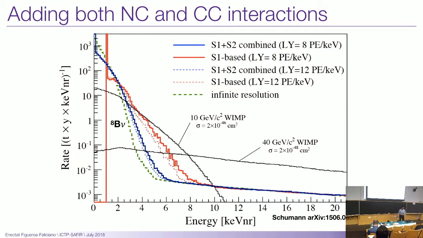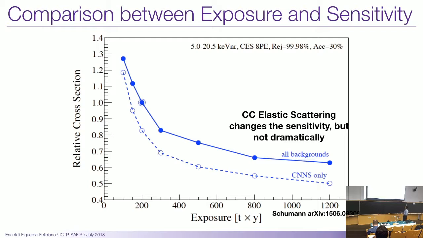noble liquid experiments. And so the bottom line is that when you do all this and you compare the sensitivity, this is a comparison with exposure, and you say, well, what's my sensitivity if I only think about the coherent scattering, or I add all of these electron scattering backgrounds?